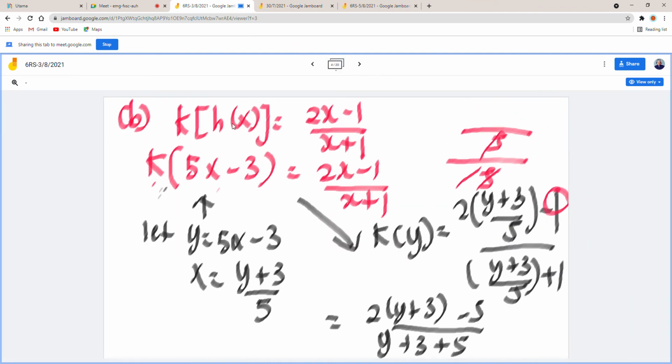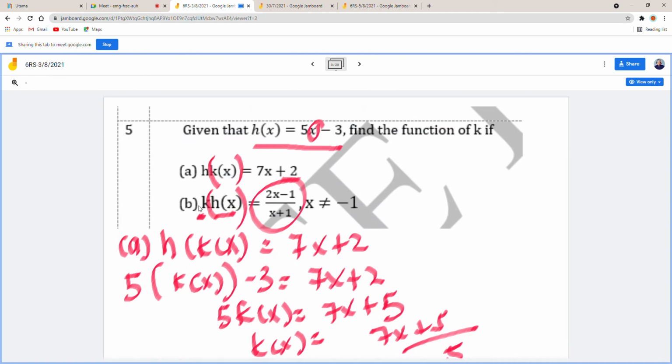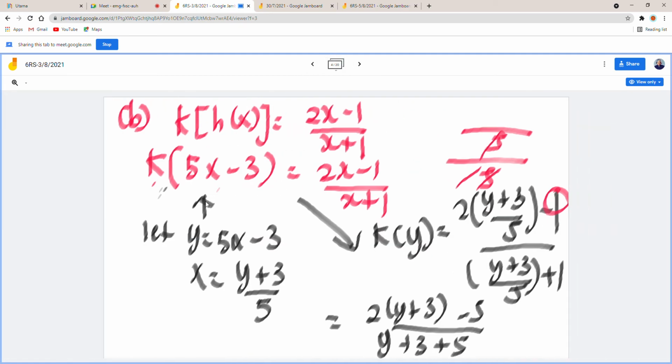So 5b is they asked to find the kx, but now kx is outside. When the function is outside, you have to do the inverse method. So you substitute hx over here, and then you make it equal to y, like this, and then you make x the subject. After that you substitute in ky.